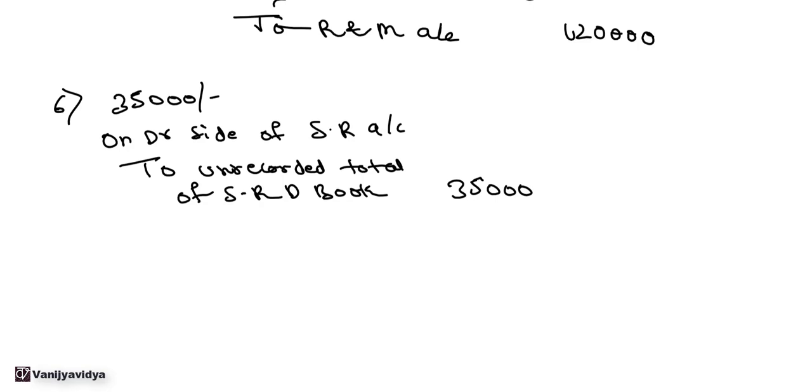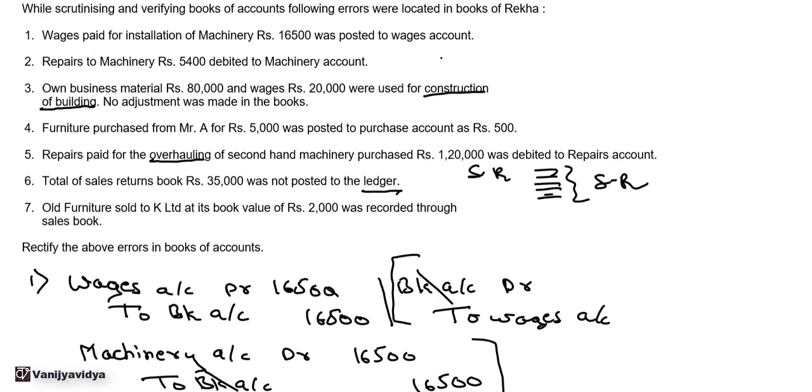Now the next one. Old furniture sold to K Limited at its book value of rupees 2000 was recorded through sales book. So there was some old furniture which was sold to K Limited at its book value, and it was recorded through sales book.